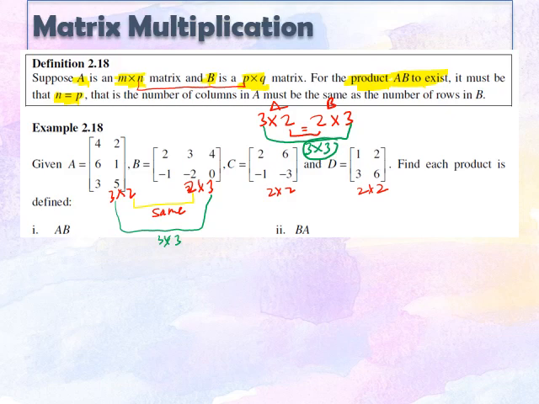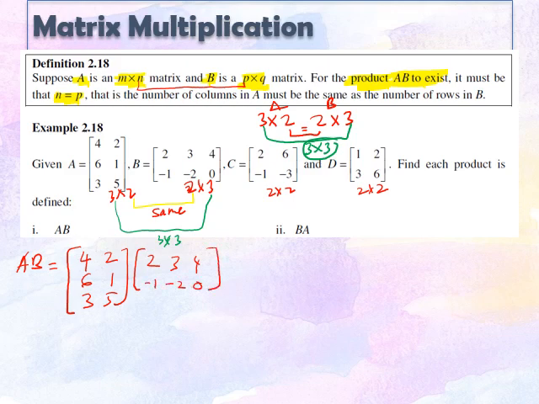Okay, so A times B is equal to [4, 2; 6, 1; 3, 5] multiplied by [2, 3, 4; -1, -2, 0].